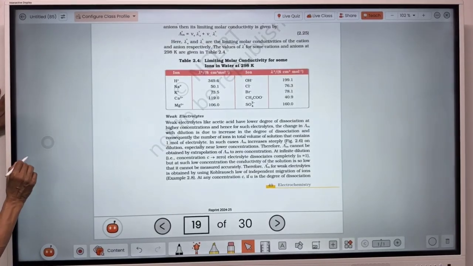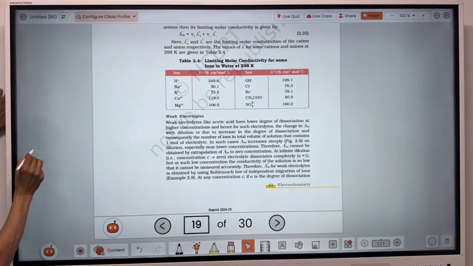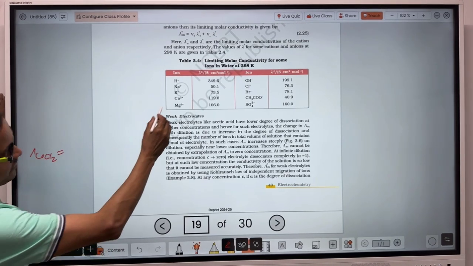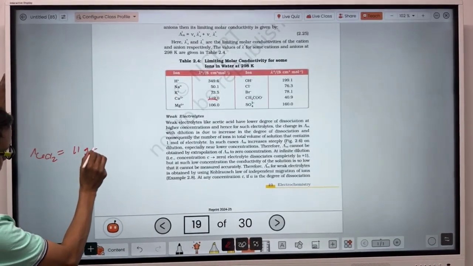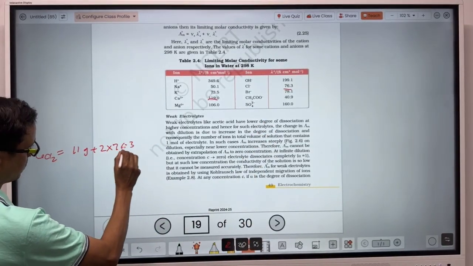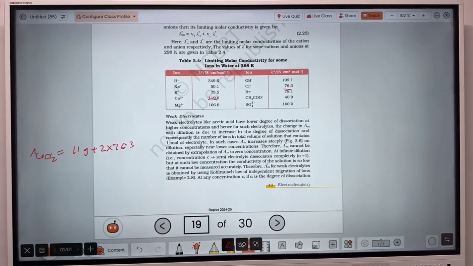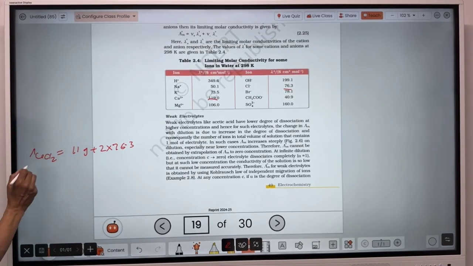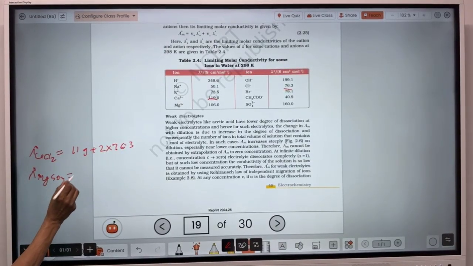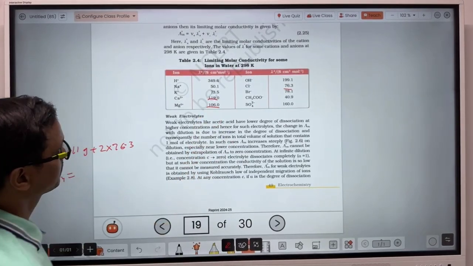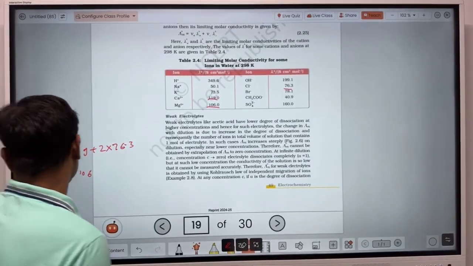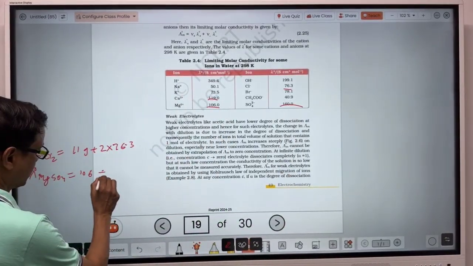It will be equal to calcium, 119, plus 2 times Cl-, which is 76.3. That much is the limiting molar conductivity of CaCl2. Similarly, for MgSO4, it will be equal to magnesium, 106, plus sulfate ion, 160.